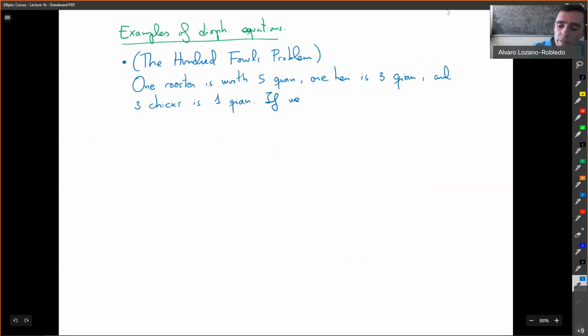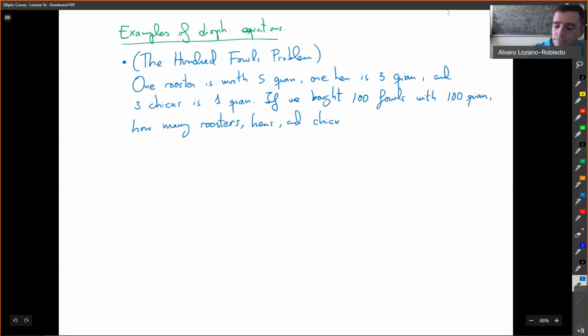If we bought 100 fowls with 100 kian, how many roosters, hens, and chicks did we buy? So this leads to finding Z points on a line.